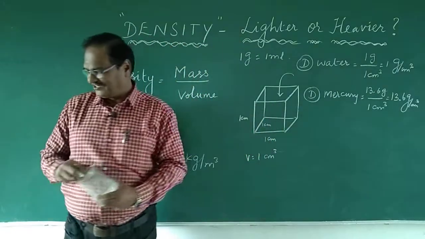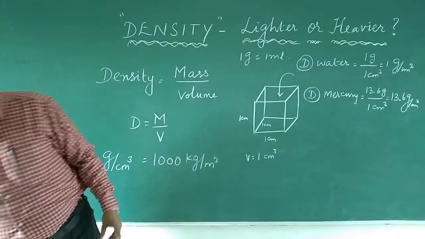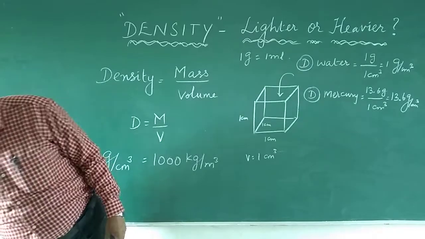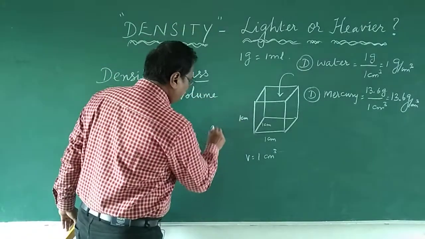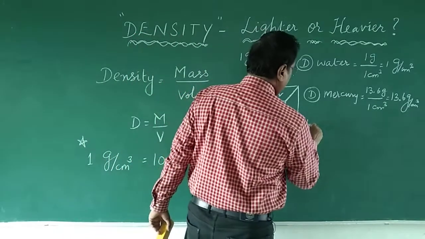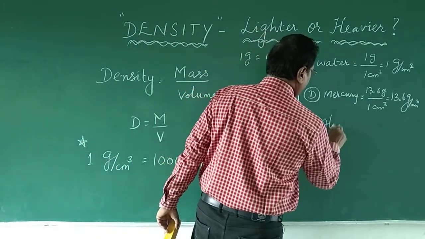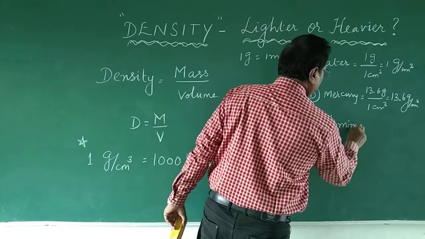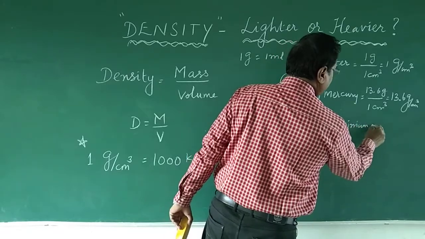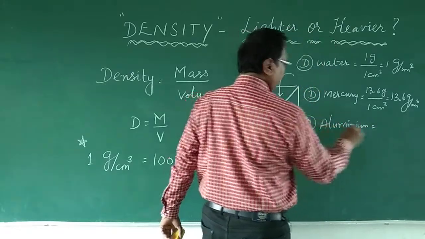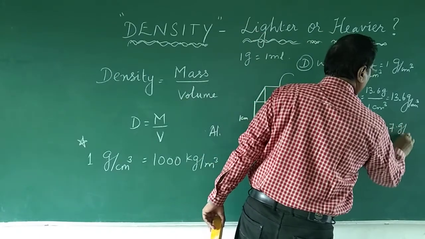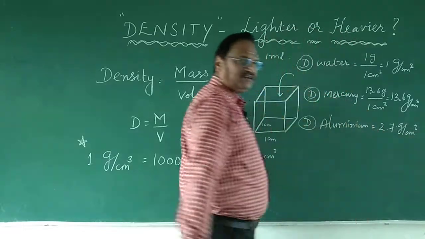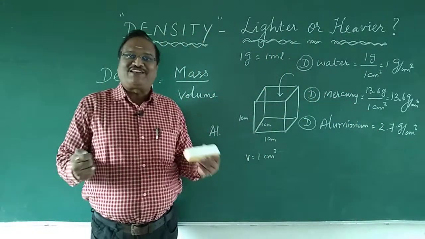That is the density. Now, take a cube made up of aluminium. The density of aluminium is 2.7 gram per cubic centimeter. We can go on calculating.